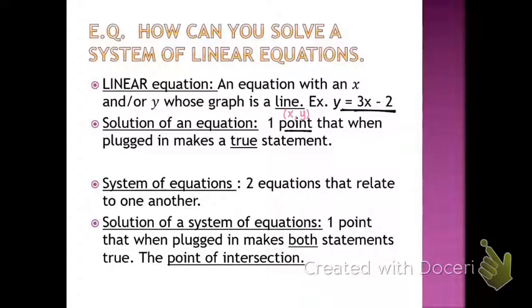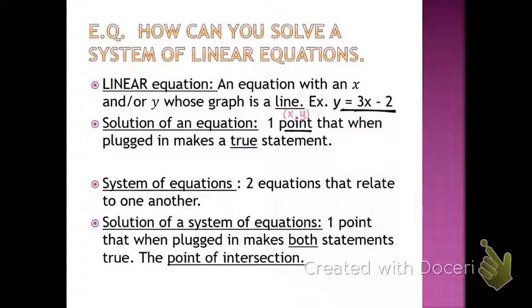All right, but a system has 2 equations that relate to one another. Now, what is the solution of a system of equations? Again, it is one point that when plugged in makes both statements true. If the system has 2 equations, the point has to make both of them true.